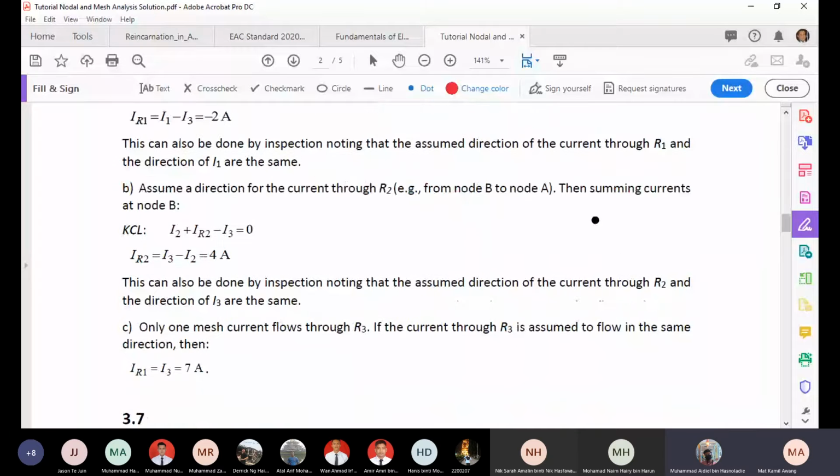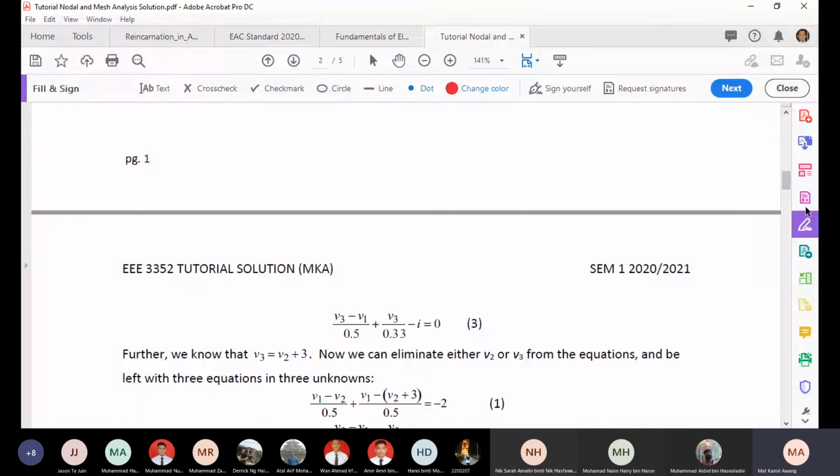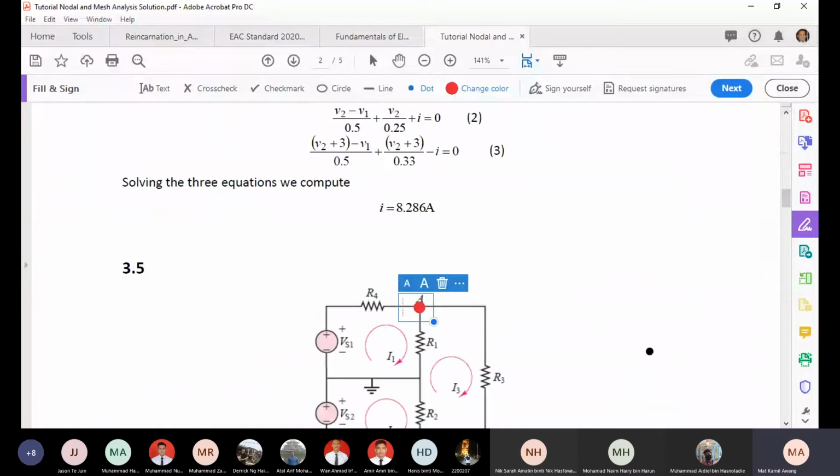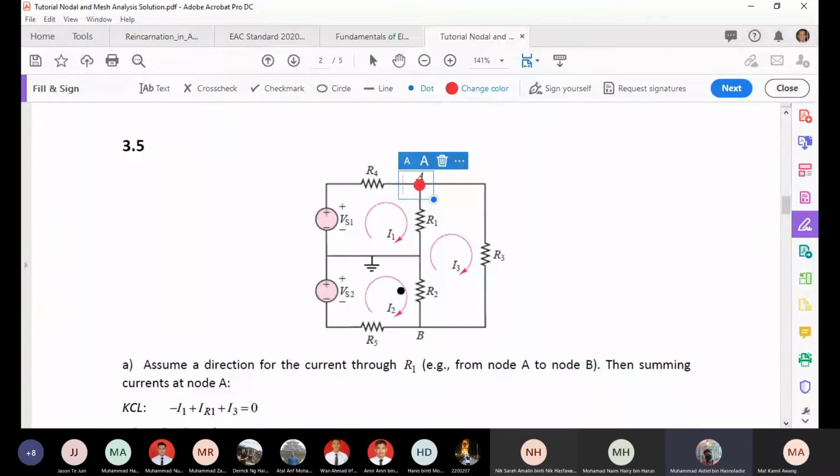Then summing current at node B, you write the KCL at node B. At node B, you have I3 going in, I2 going out, and you have R2 with IR2 here.